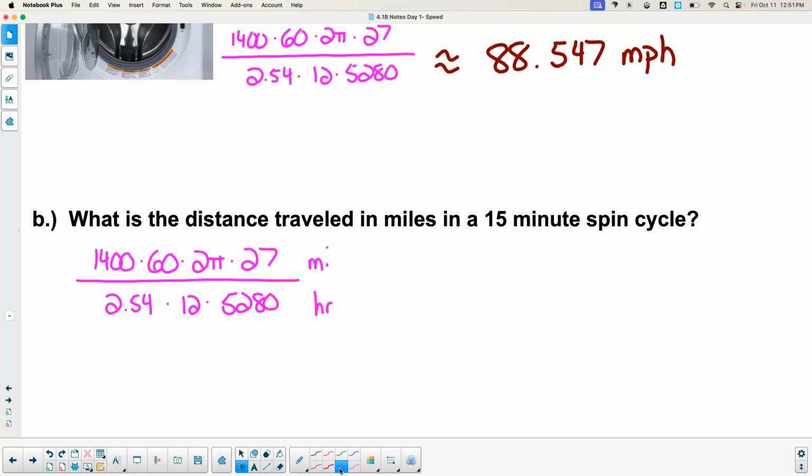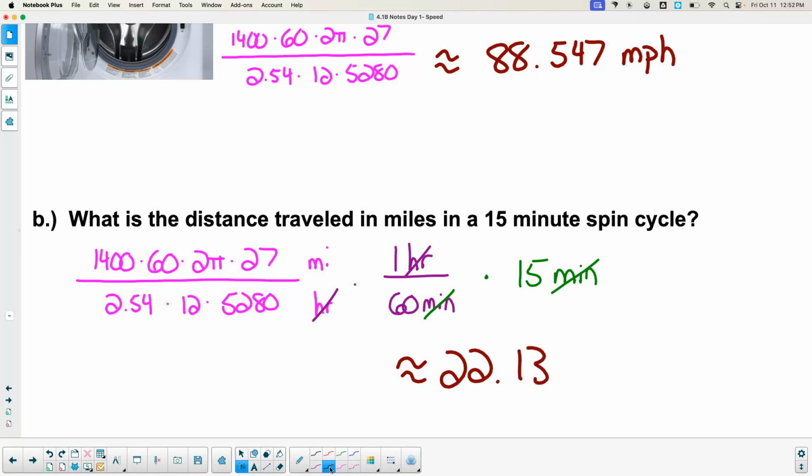Well, 15 minutes is... 1 hour is 60 minutes. Now I'm in miles per minute, and then I can multiply that by 15 minutes. And that just leaves me with miles. So in that 15-minute spin cycle, that sock traveled 22.137 miles.